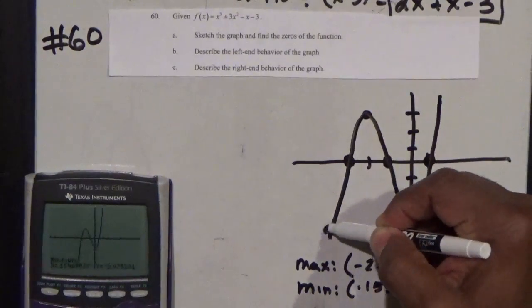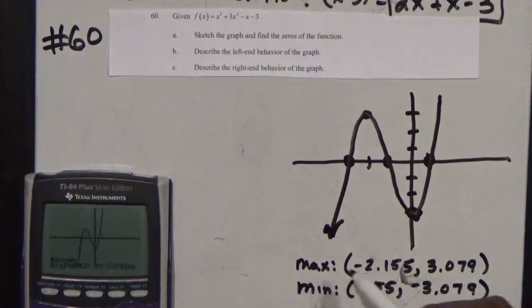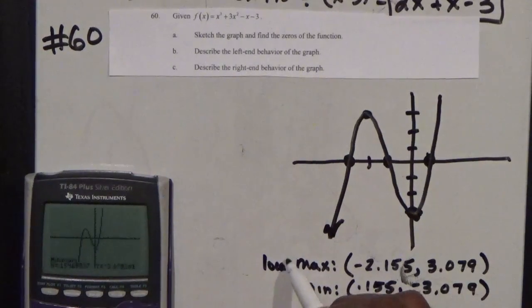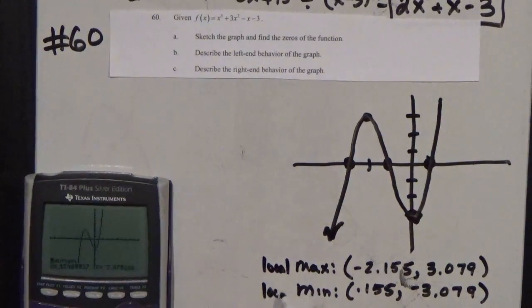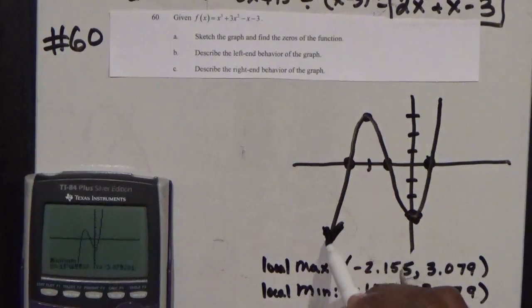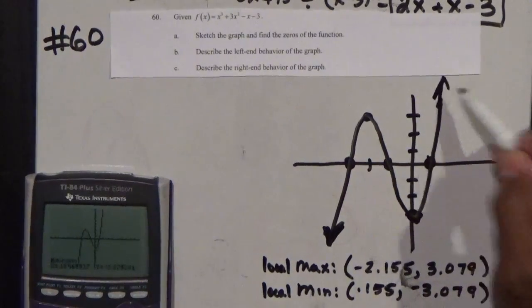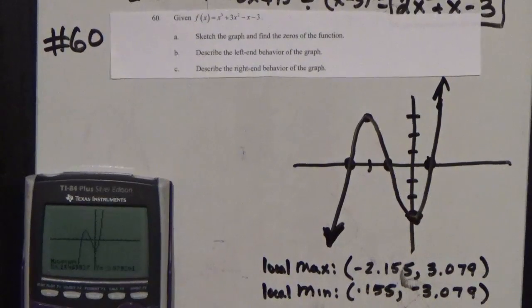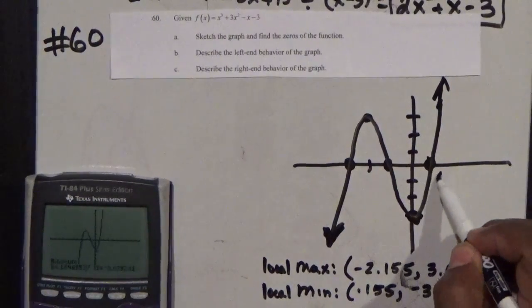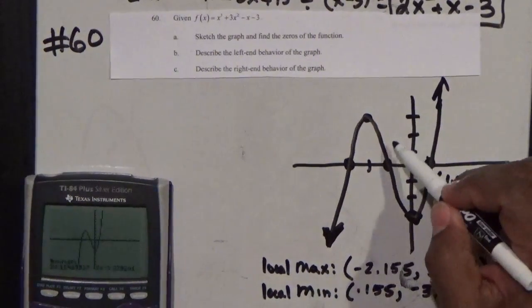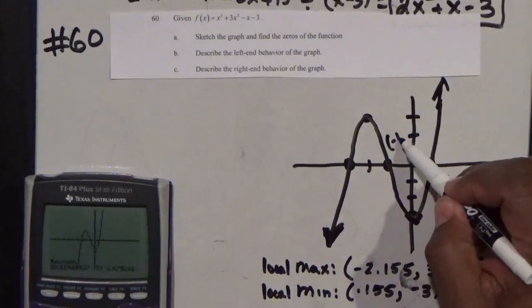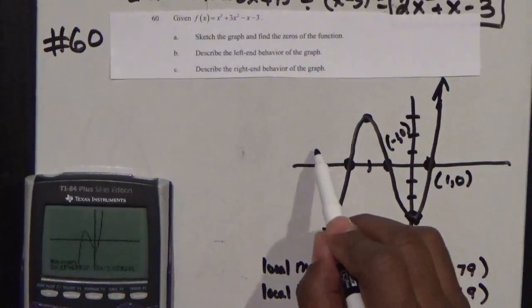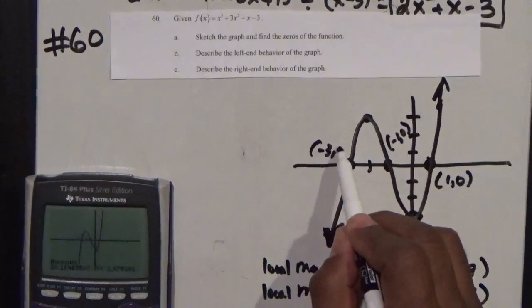Now usually if you write your local, you say that it's local. Since it can't be the absolute, since this graph goes all the way up and all the way down, you give your zeros, 1, 0, negative 1, 0, and negative 3, 0.